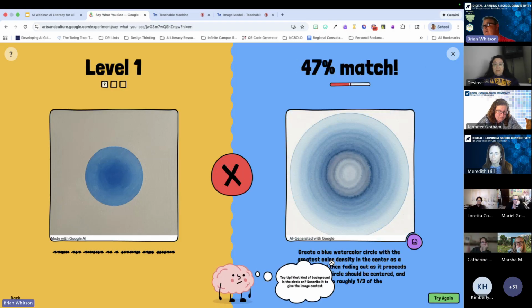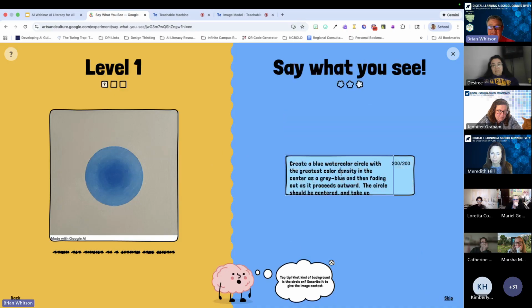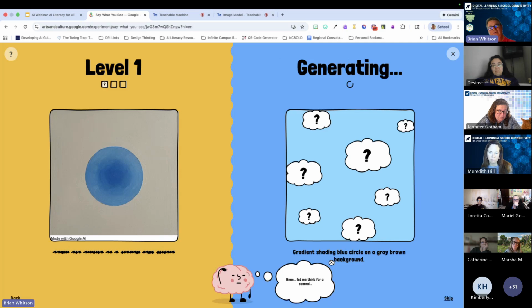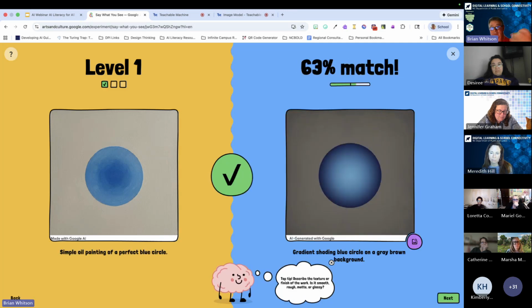Oops, still not quite there. This is being tough. Desiree, I'm going to go ahead and try yours and see how it does. And you can also talk about how students may have different words or different vocabulary. Ooh, Desiree, you got us up to 63%.